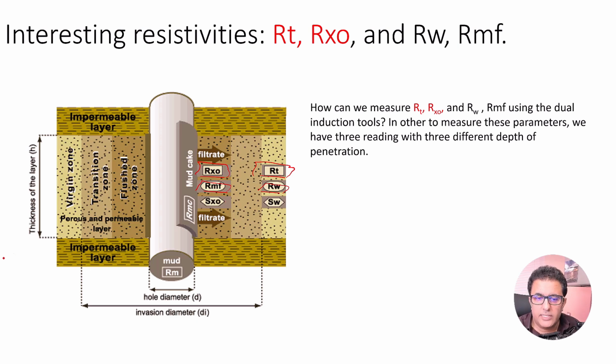And from these two resistivities, RXO and RMF, we can obtain SXO, or water saturation in the flushed zone. And then from RT and RW, we can estimate SW, that is the water saturation in the virgin zone.